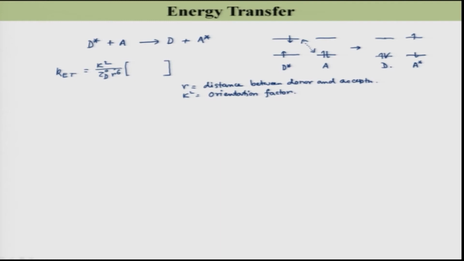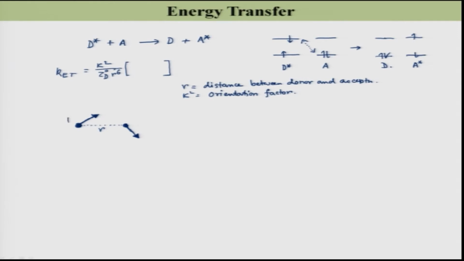If you look at the specific form of this kappa square, let me draw the donor and acceptor dipoles like this. Let us say this is the donor dipole oriented in this fashion, and this is the acceptor dipole oriented in this fashion, and this is the distance between donor and acceptor.